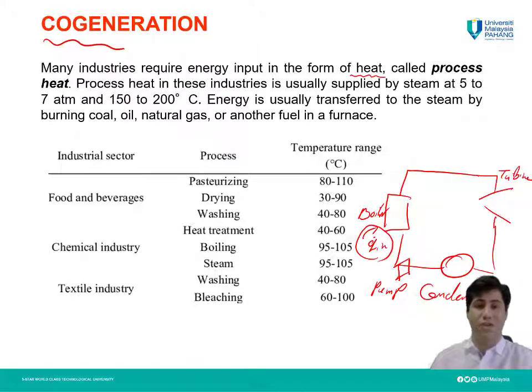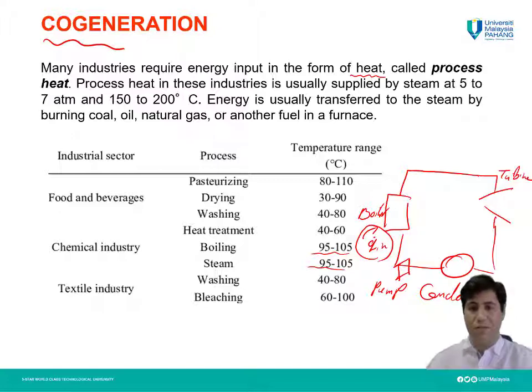Also in the chemical industry, we need a heat source in this range of temperature, and also in the textile industry. These are just some examples of different industries and areas of application of heat or thermal energy. So you can see here also we need heat in this cycle.